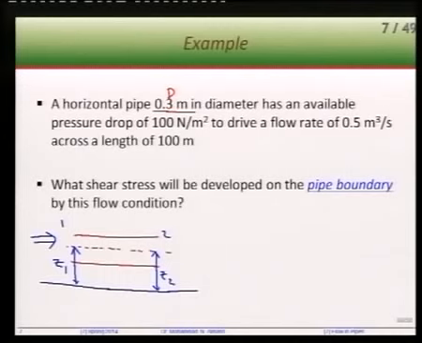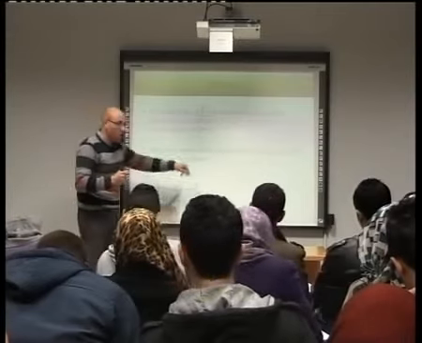There must be a pressure at point 1 that is larger than the pressure at point 2 by this amount. Or we can say it in a better way: for water to reach point 2, it will lose a pressure by 100 Newton per square meter. So we can say it in two different ways, but all the time, we must have a higher pressure at point 1 than point 2.